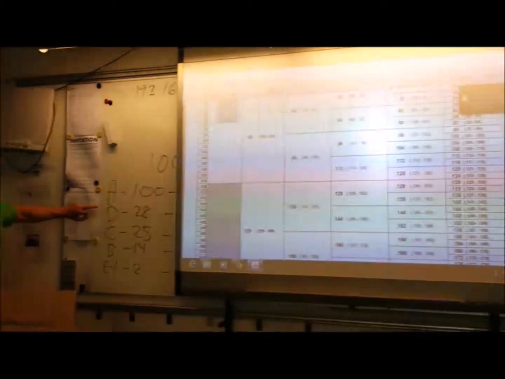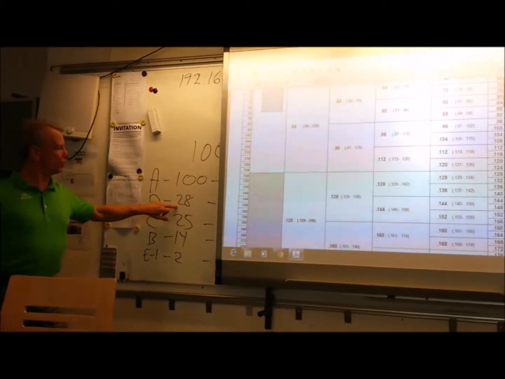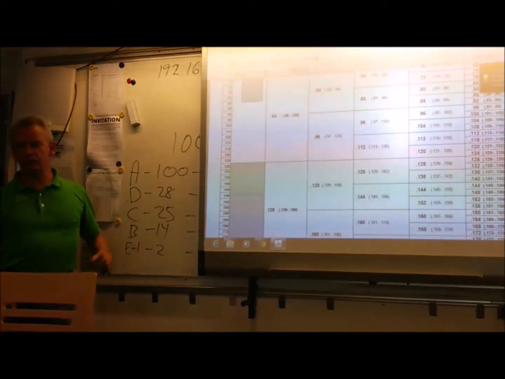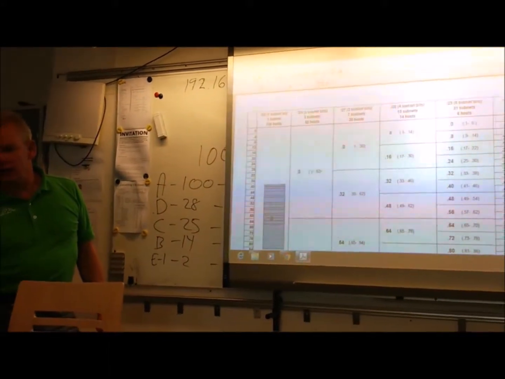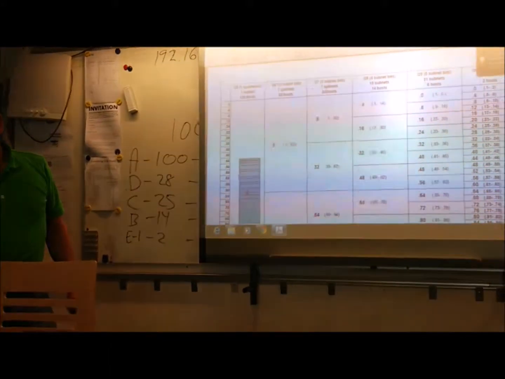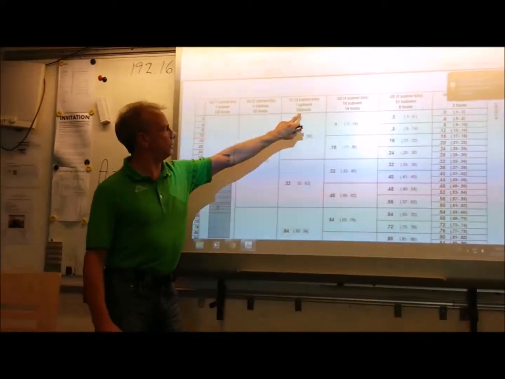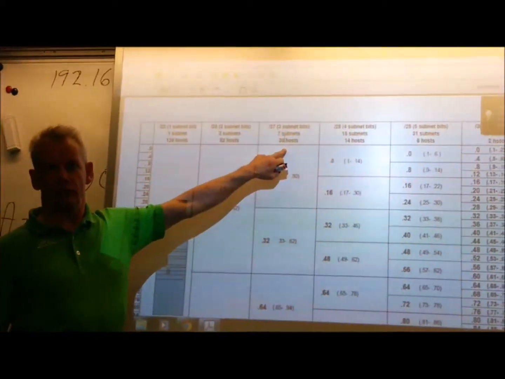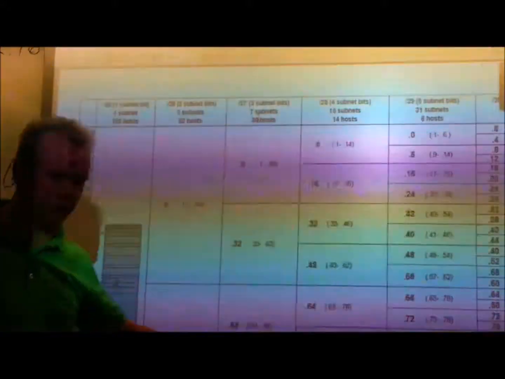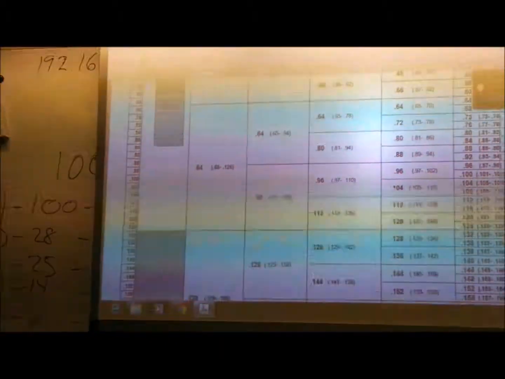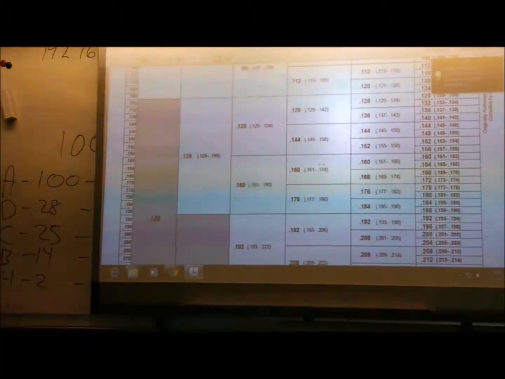Next network is the B network. 28 hosts need 32 addresses, 30 hosts. 30 hosts means go to third column. Remember, the first 127 addresses was used, so go down to 128. Here.